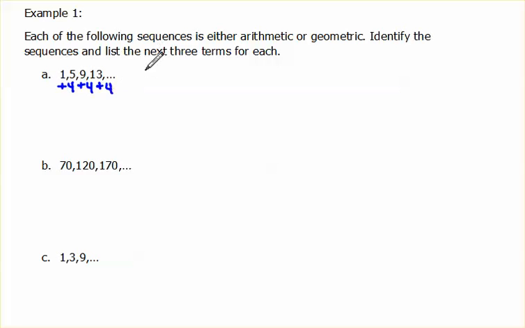So since we're adding the same amount, that makes it an arithmetic sequence. And since it's arithmetic, we would continue to add 4 to find the next few terms. So if I add 4 more, that would be 17, and then 21, and then 25, and so on and so forth. So hopefully you did that one correct.